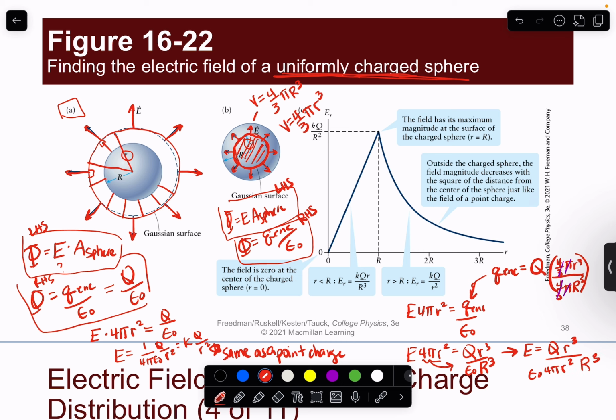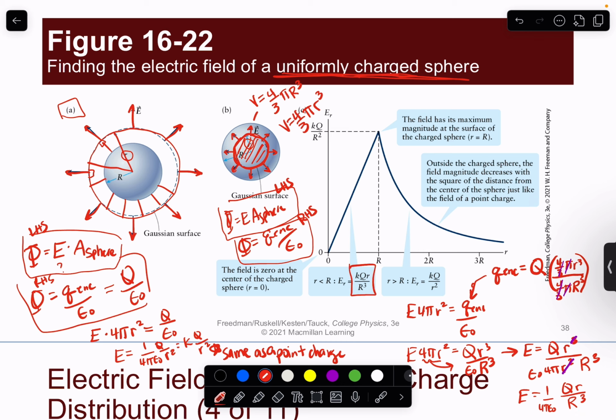I'm going to get some more cancellations. And what I find is that the electric field inside of that three-dimensional charged ball is 1 over 4 pi epsilon naught, big Q little r over big R cubed.